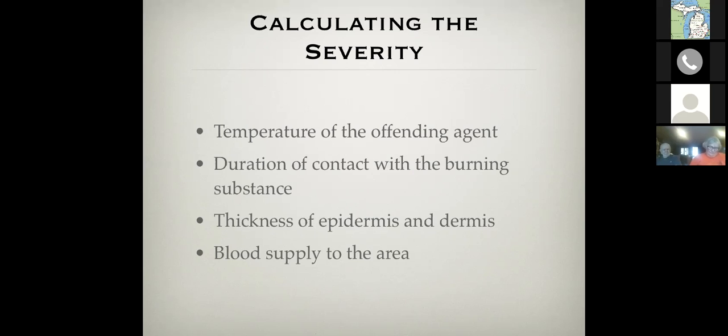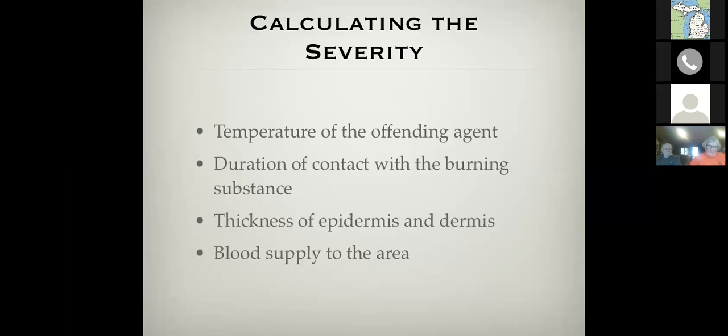So while looking at our patient, we need to try to figure out the thickness of their epidermis and dermis. Because obviously, the thicker the epidermis and the dermis, possibly the better the outcome. They could be exposed longer to an agent that could ultimately make the degree of the burn.